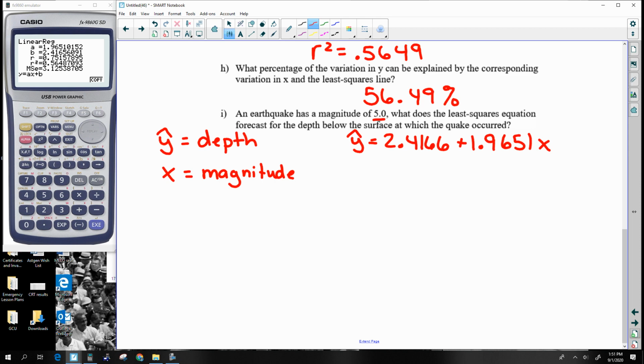So what they just said is that 5 is now the x. I need to know where to put the 5, because it could just as easily be the y. So here they say 5 is the magnitude, aka it's the x. So now I can just make my substitution, and my x becomes the number 5.